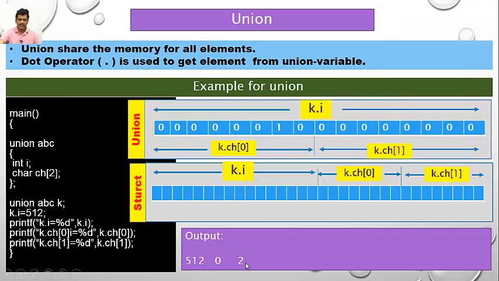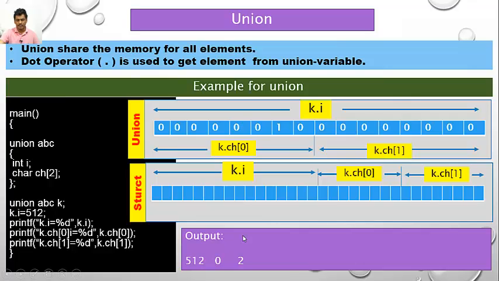So basically a union variable shares the memory, to restrict the usage of memory and to increase the speed of the computer. If we declare 3 elements or 2 elements in a union, they share memory, but we use only 1 element.